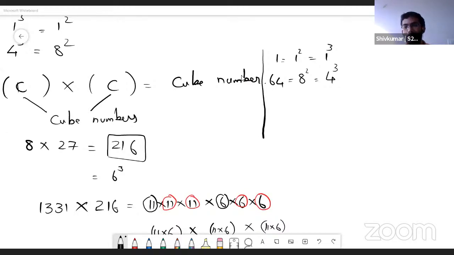Very nice. So 729. Excellent, Ridhima. Very nice. So 729 is 27 squared. And what cube is it? 9 cube. 9 cube. Exactly. So Ridhima, how did you work this out?